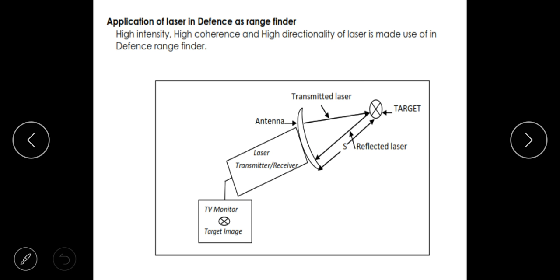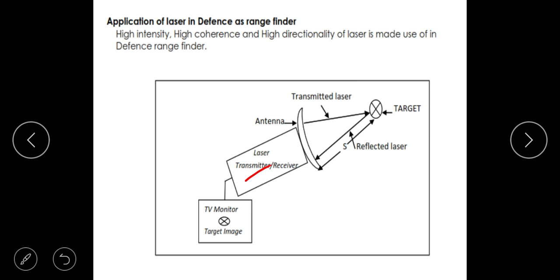Now quickly, two uses of lasers. The two main usages which are listed in the syllabus are, first, in the defense laser rangefinder system. There is a monitor, this is the laser receiver, this is the target.